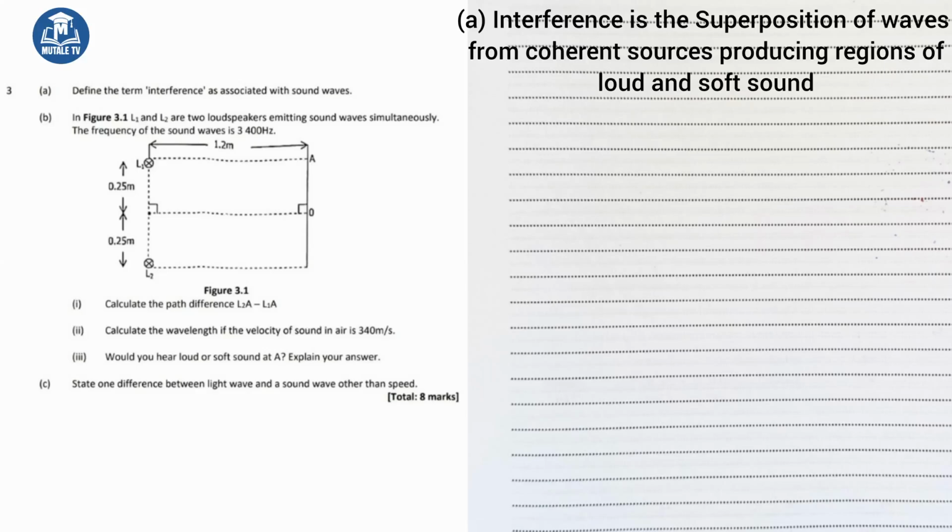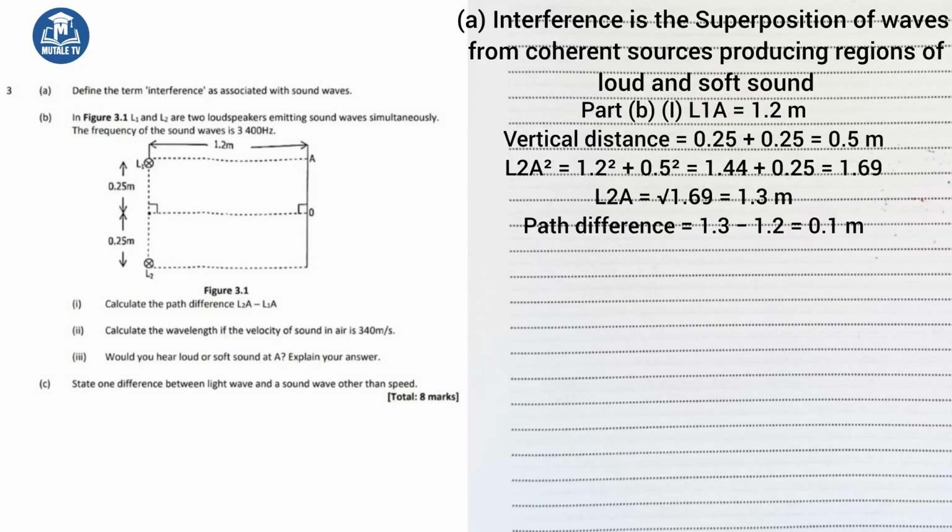Part B Part 1 reads, calculate the path difference L2A minus L1A. Now L1 is directly across from A, so L1A is simply 1.2 meters. But L2 sits 0.5 meters below L1, which means the sound from L2 has to travel diagonally to reach A. That gives us a right-angled triangle, so we use Pythagoras.